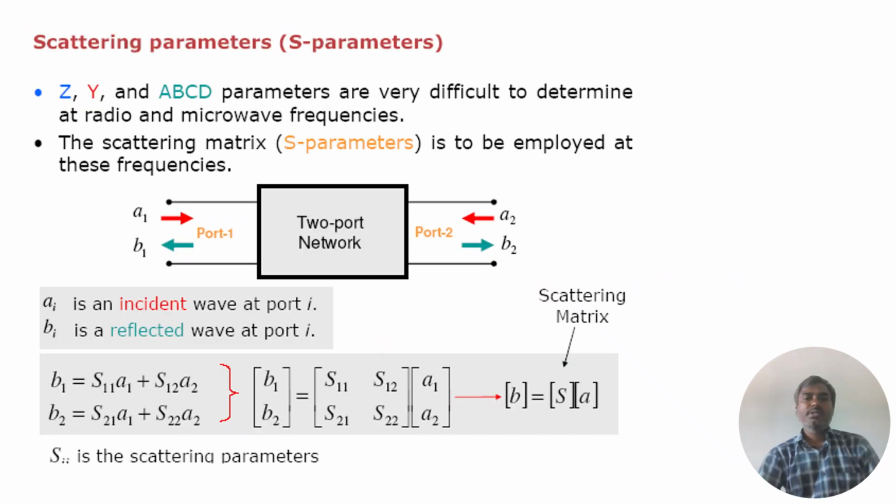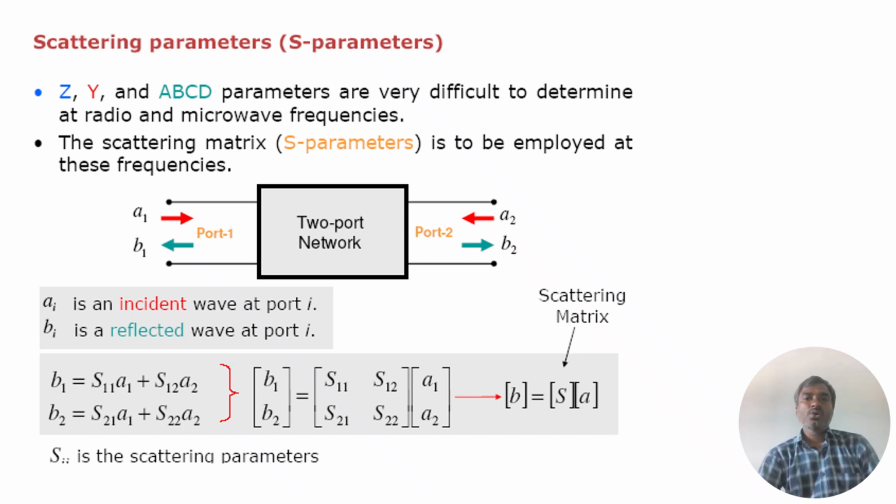At low frequency, the characteristics of an electrical network can be described with the help of Z parameters, Y parameters, and ABCD parameters, whereas this is not possible at high frequencies because there are no ready-made devices available to measure voltage and current at high frequencies.